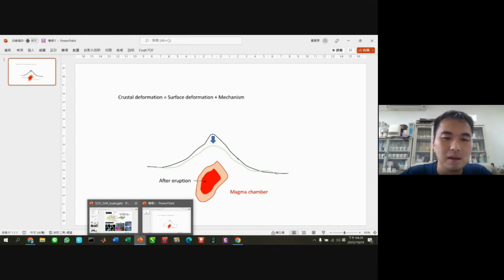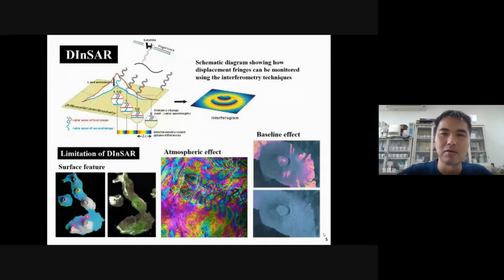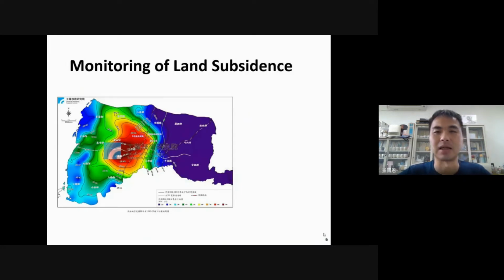Okay. So if we look at another case study, the land subsidence, here I just want to use land subsidence to give you the same concept. The surface deformation is not a point. So this is the case of land subsidence in central Taiwan.